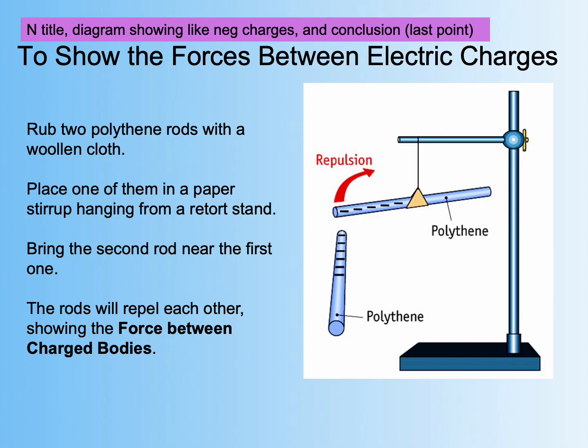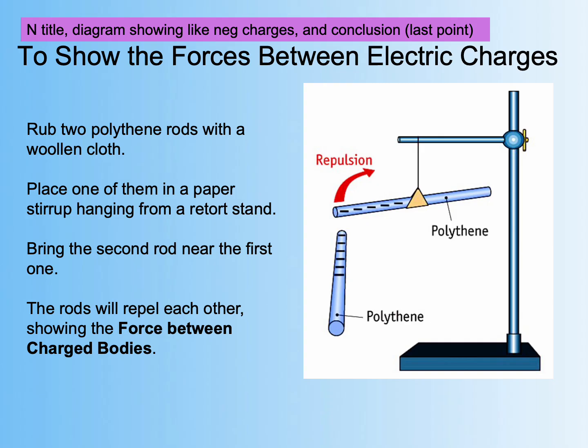You would place one of them hanging from a paper stirrup in a retort stand, and you would bring the second charged rod near the first one but not touching, you should observe that the rods would repel each other, showing a force between charged bodies. So because they're the same charges there, they would repel each other.